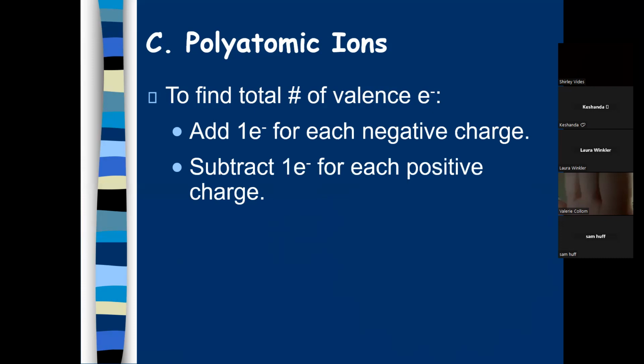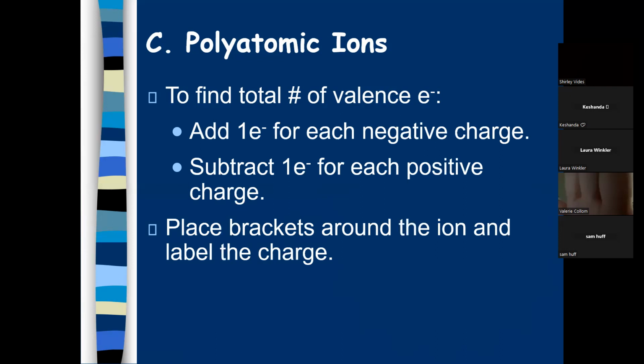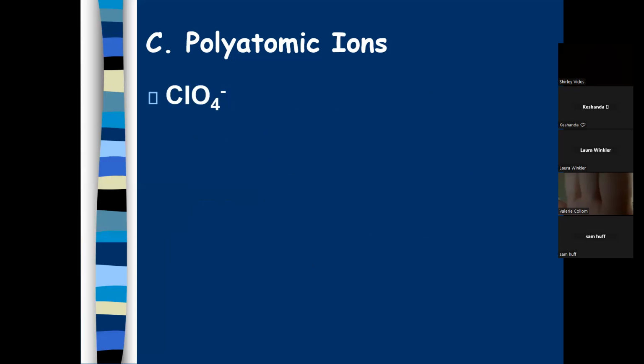Okay? And if you are positive, then you subtract that 1 electron from the total for each positive. Okay? And the last thing, when you do your Lewis structure, you need to place brackets around the ion and label the charge. All right, so that's really 2 more steps.